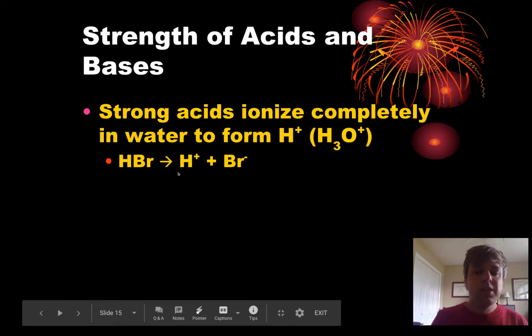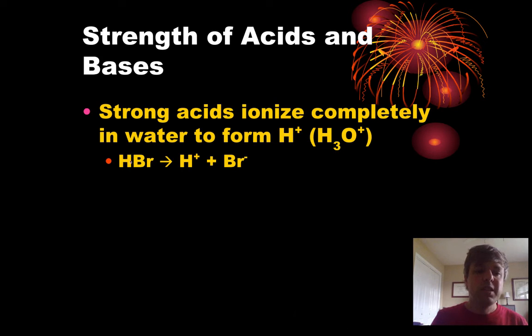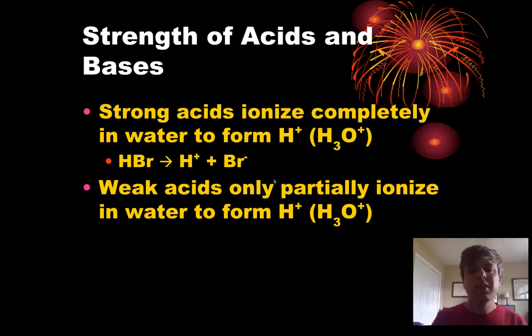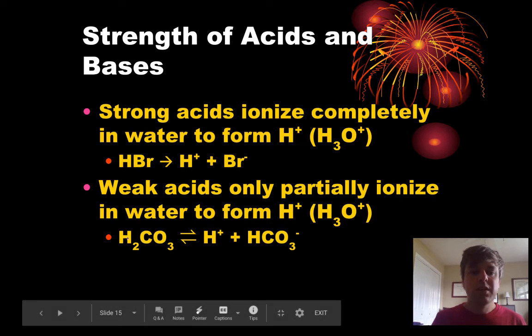So you have zero HBr left in solution. It's 100% H pluses and Br minuses. Whereas a weak acid only partially does this. So carbonic acid, only maybe 1 or 2% of it will break apart into H pluses and HCO3 minuses.